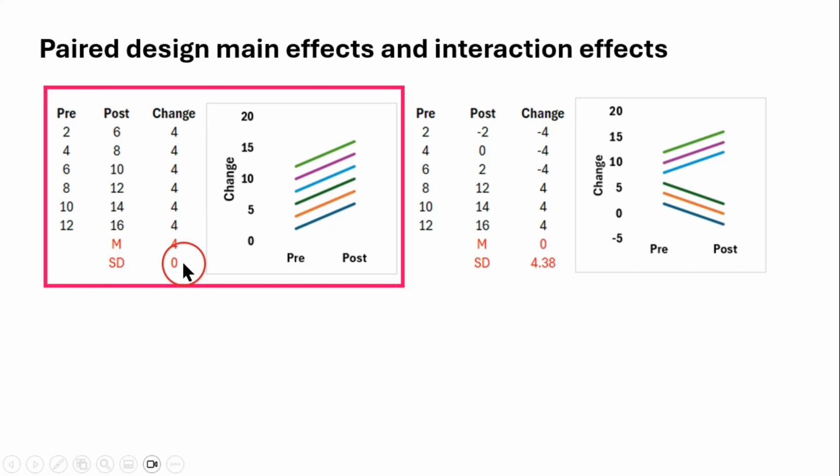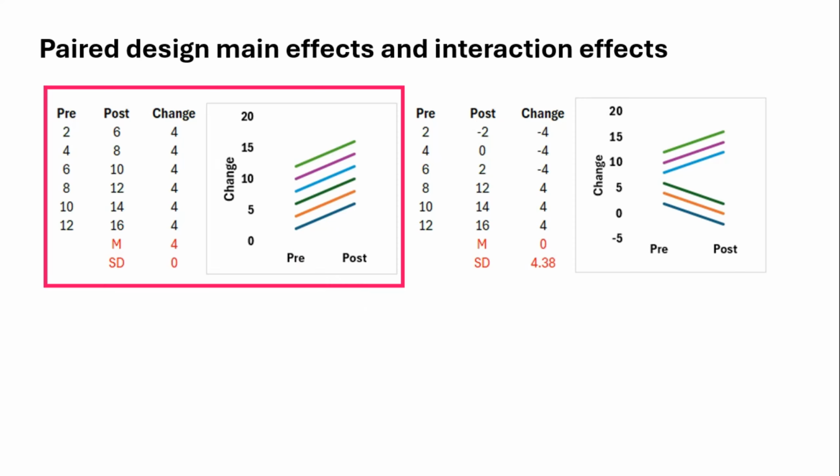And if you graph that, you get what you see right here. Pre, post. Everybody went up exactly the same. You'll never see this in real life, but this would be what would be called a pure main effect. There's no interaction here. Everyone's responding the same in terms of the difference.